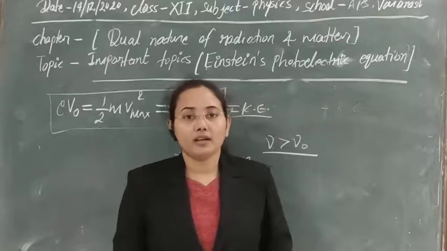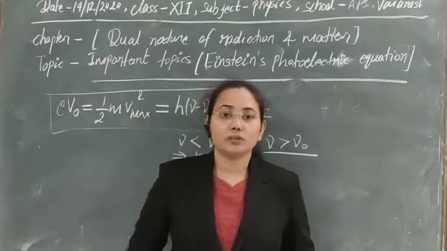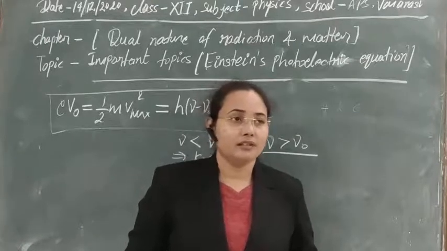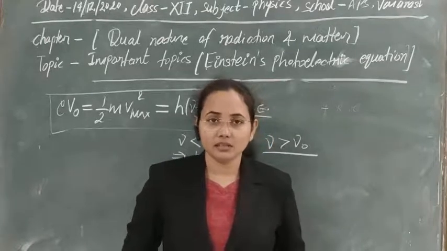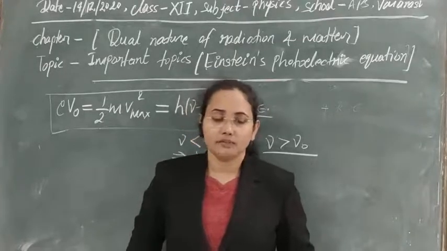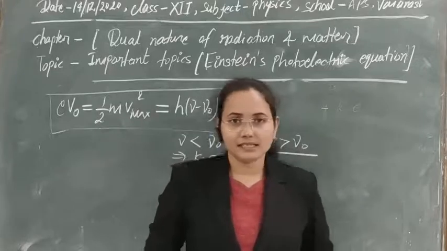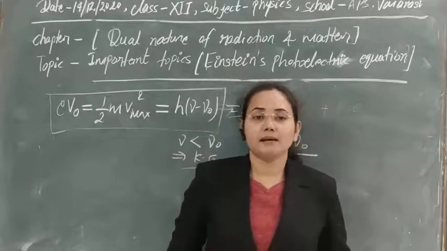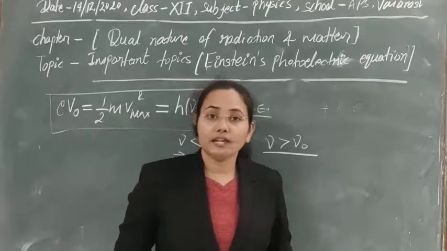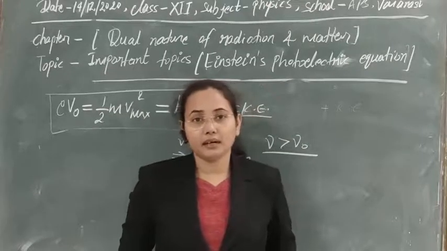Later there was one more effect, the Compton effect. There are so many effects, and all of them have been successfully explained with the help of particle concepts also. So difficulties arose after the establishment of particle physics: where do we take the wave concept and where do we take the particle concept?